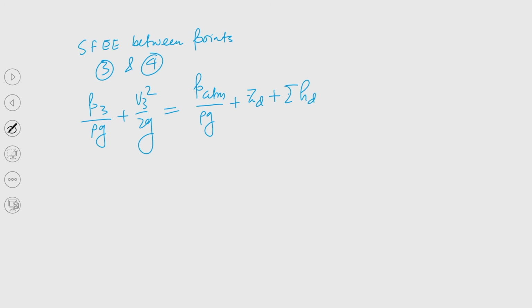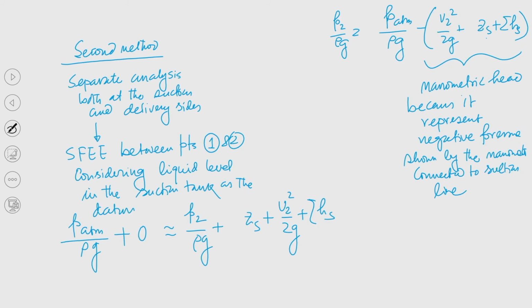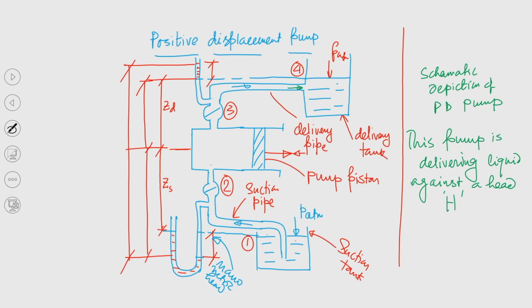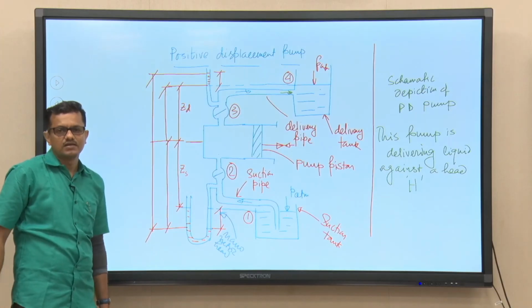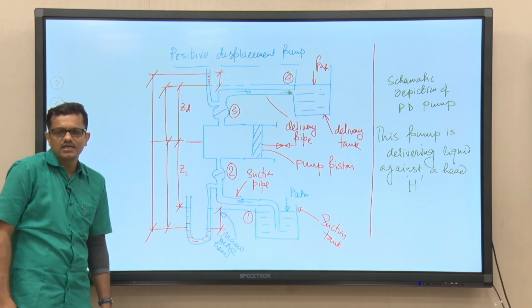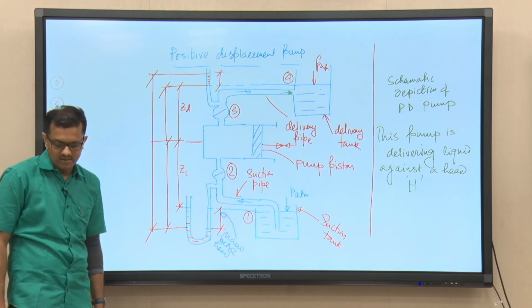This is very important. Again we consider the height between point 4 and point 3 as Zd. Though Zd is taken from the middle of the cylinder, the height between the middle of the cylinder and point 3 is very small, not significant.